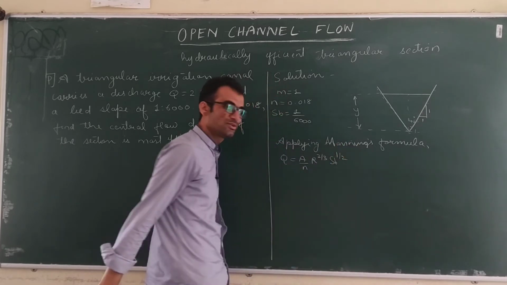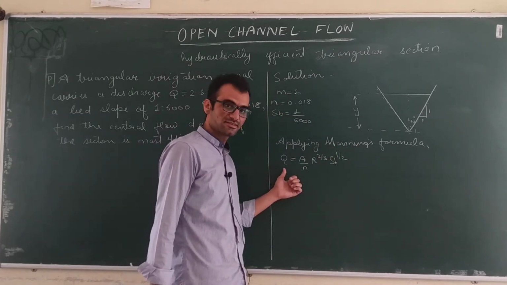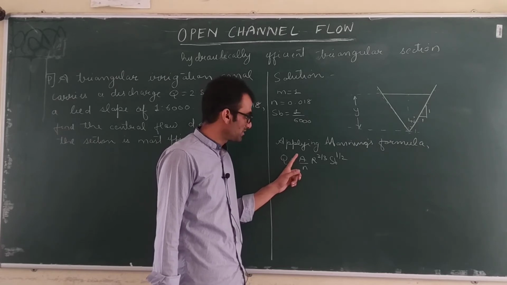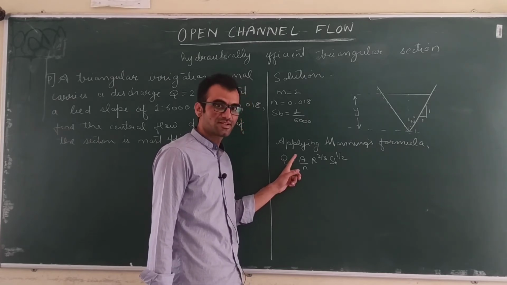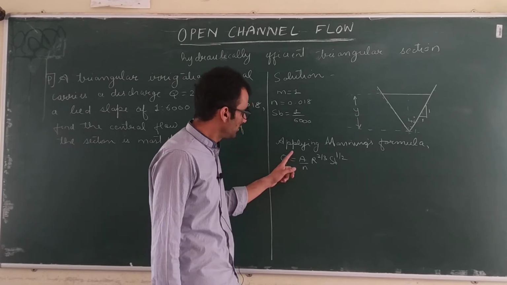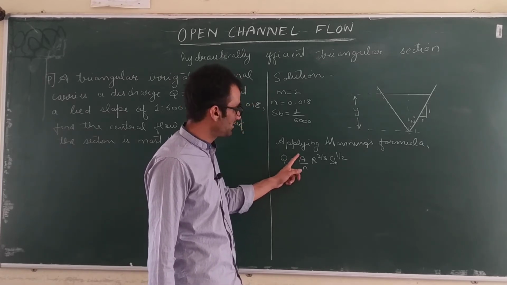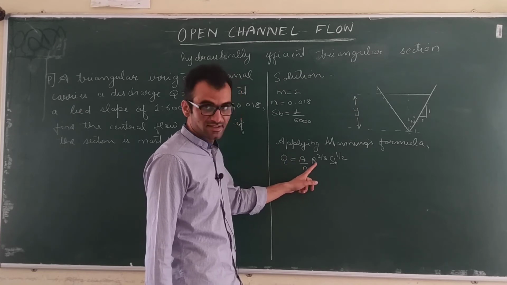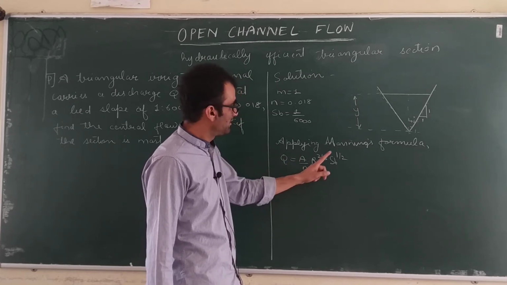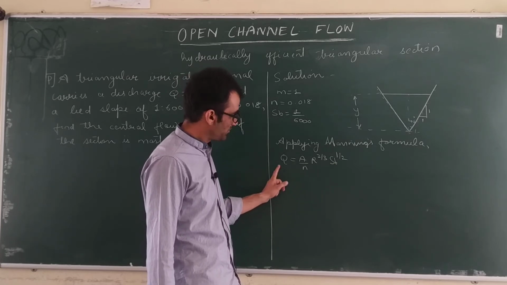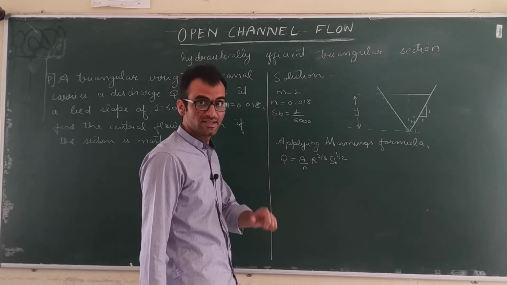What we know in this formula is the discharge, how much discharge we have to pass. We know the flow area also, but we have to calculate the flow area because we know it in the form of y. So we will write it in the form of y. Hydraulic radius also we will write in the form of y, and S_b we know numerically, n also we know numerically. So we will put the values and the only unknown will be the flow depth.